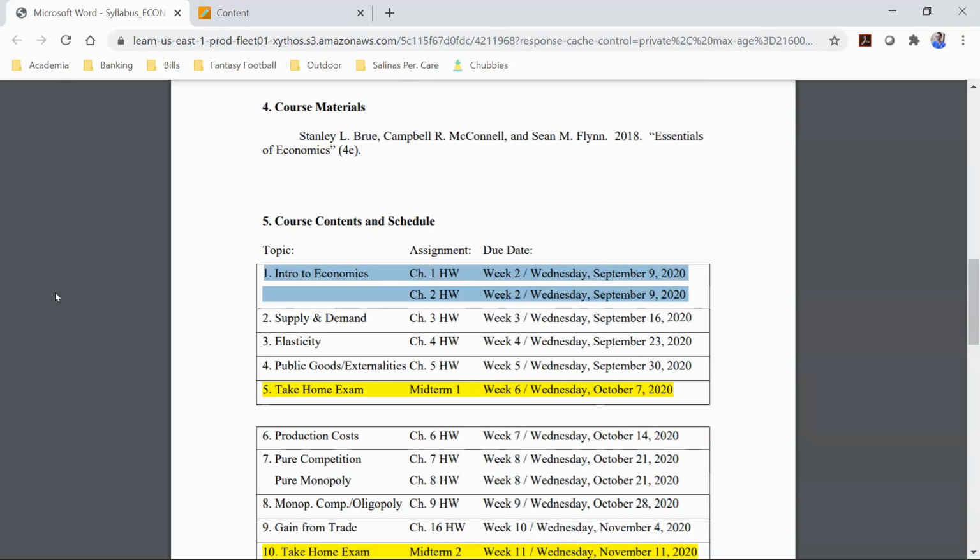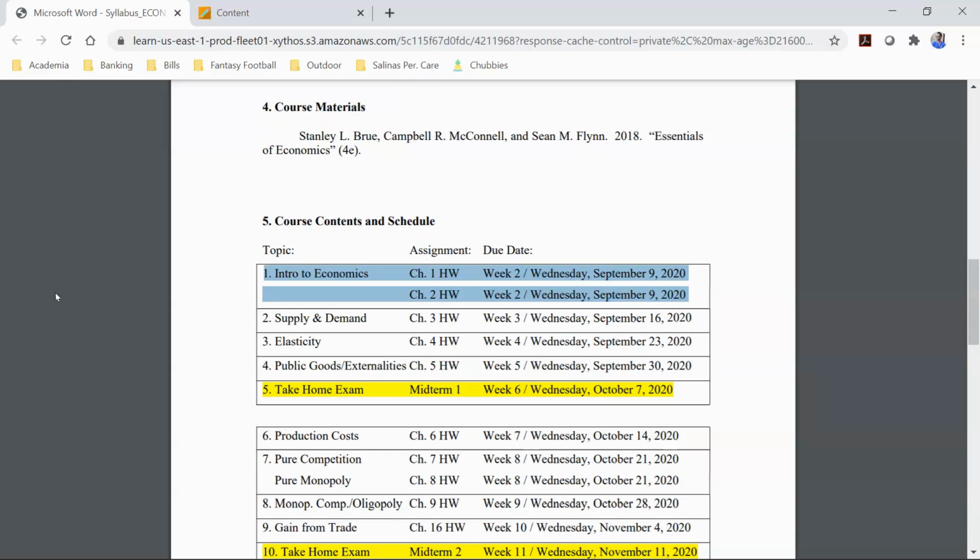Just post those to the discussion forums. If you have any questions when you're doing the homework, you can send me an email and I can help you with those or any Excel problems. Please let me know if you have questions or need help with the homework. After the due date, I'll post my solutions.